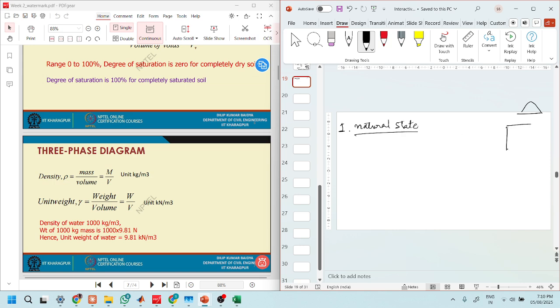So in natural state, it will have some solids, some water, and some air voids. So my gamma, I will call this as gamma T, will be weight of solids plus weight of water divided by volume of solids plus volume of water plus volume of air.